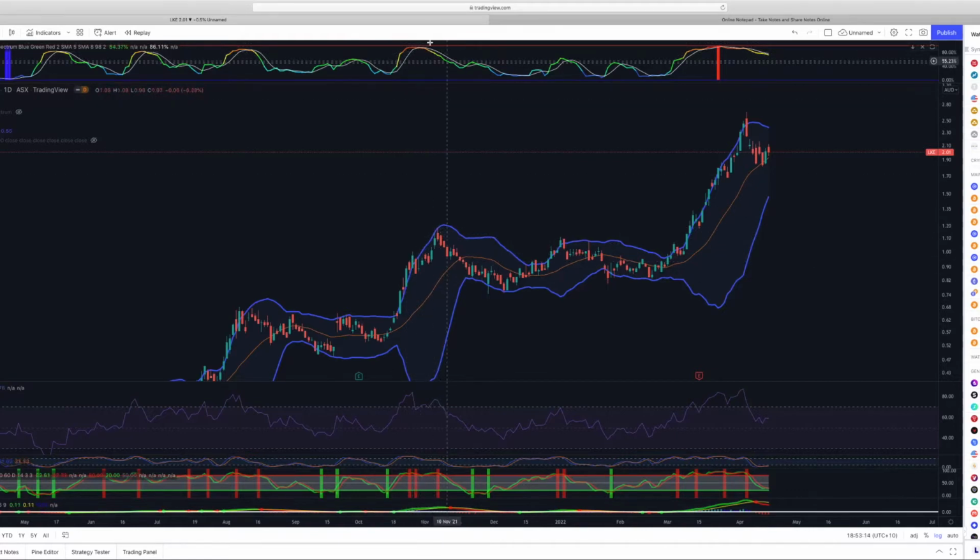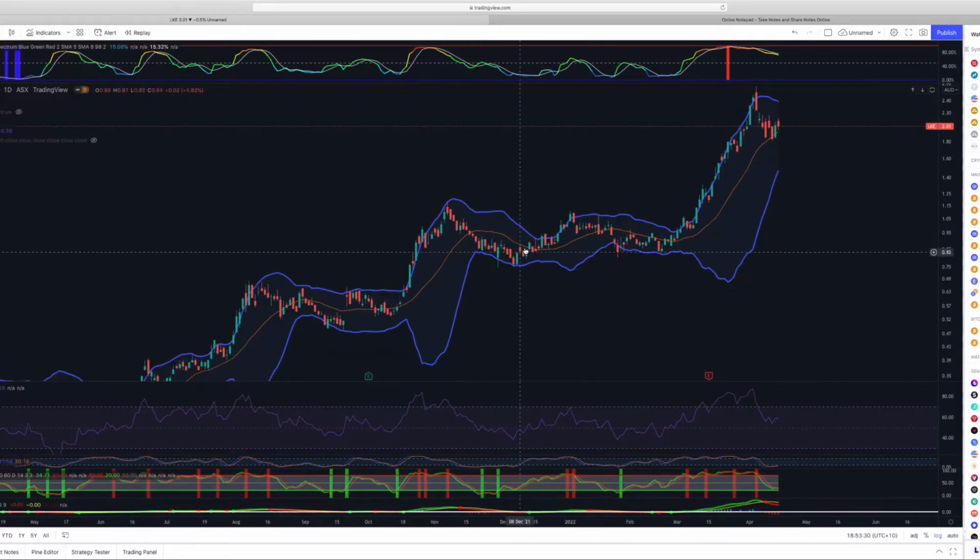It's moving back within the Bollinger Bands, and this line going down towards the blue is the price action heading back down towards the mean, which is the orange line, the moving average inside the Bollinger Bands. So as price ends up correcting and then consolidating, you'll see that it moves down into these lows, these super lows, where it starts going blue again, and not until it starts breaking away hard.